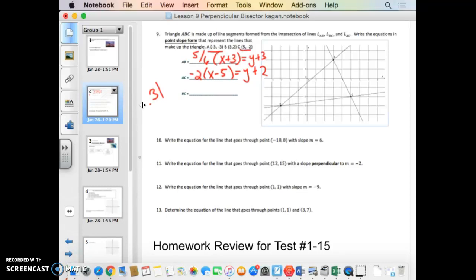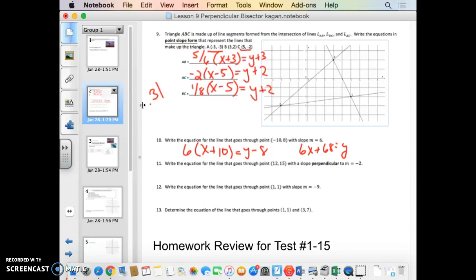And then from B to C, my slope is 1/8 x minus 5 y plus 2. All right. Down here, my equation would be 6 parentheses x plus 10 equals y minus 8. And then if you do the distributive property, you get 6x plus 68 equals y.